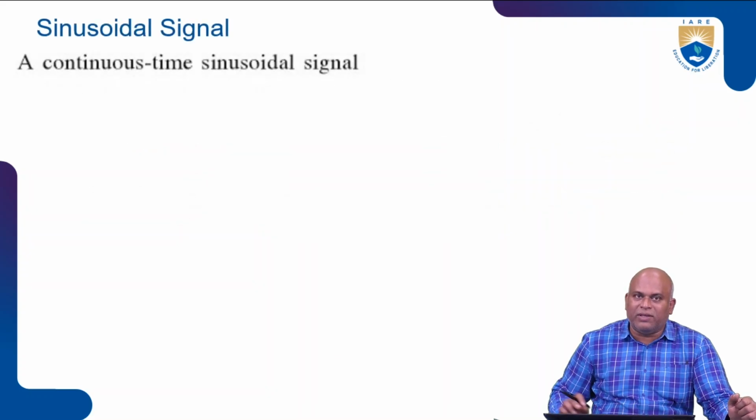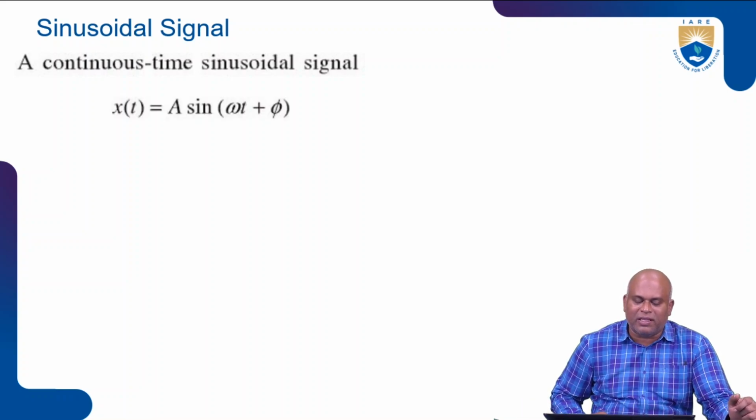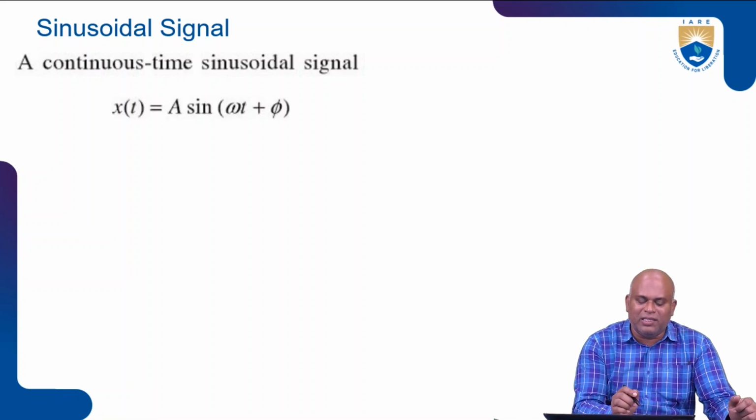Next we go for the sinusoidal signal. A continuous time sinusoidal signal I represent as x(t) equals A sin(ωt + φ).